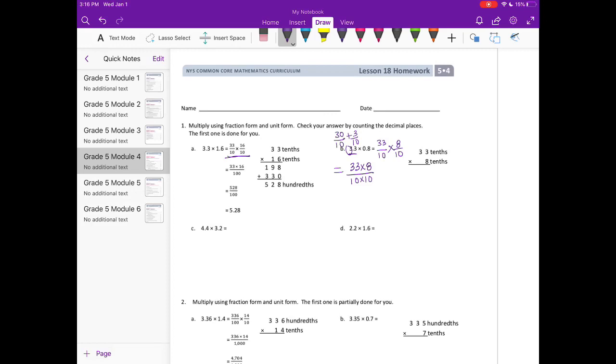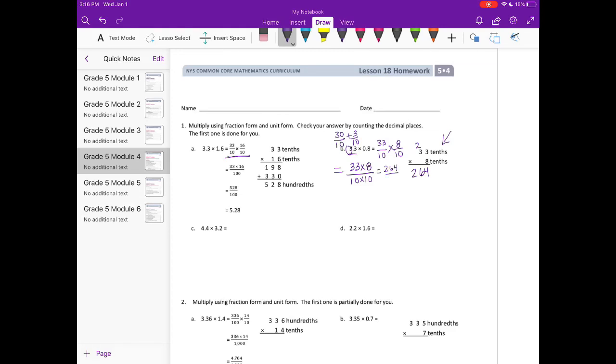Now, I'm going to go ahead and multiply here so that I can figure out what 33 times 8 is. So if we are multiplying using the standard algorithm, 8 times 3 is 24. Carry the 2. 8 times 3 is 24, plus 2 is 26. So we get 264.